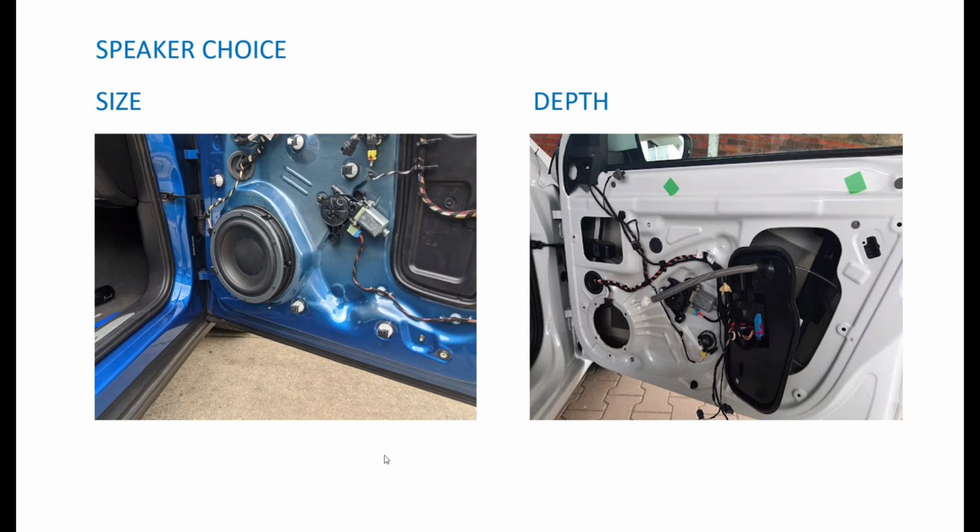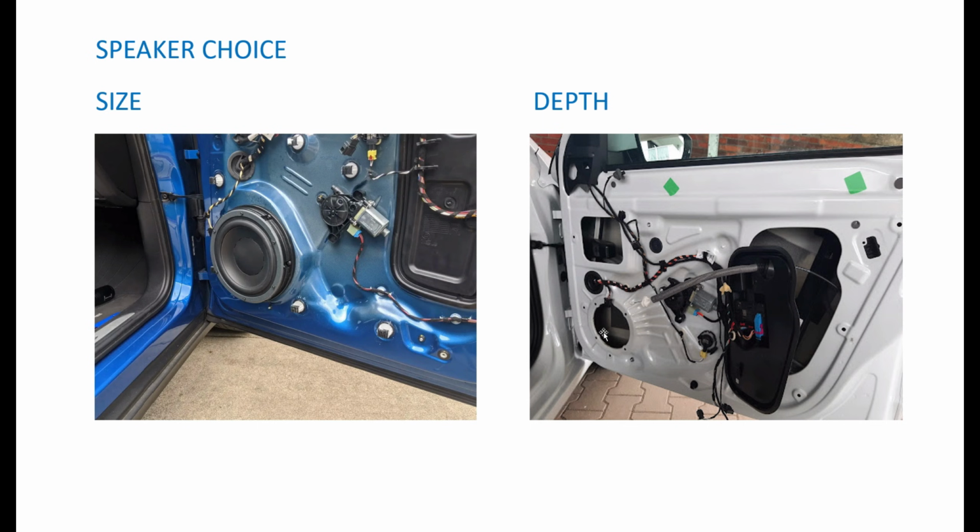All right, the other thing that your car's design will dictate is the speaker choice, right? How big a speaker you can fit, how deep or skinny the speaker needs to be. So a classic example is a mid-bass in the door, mounted on a ring in free air, right?